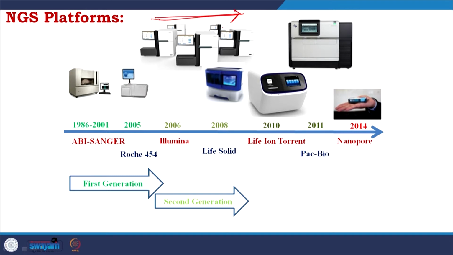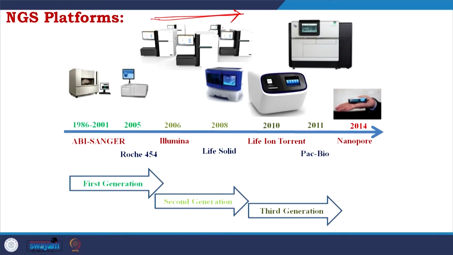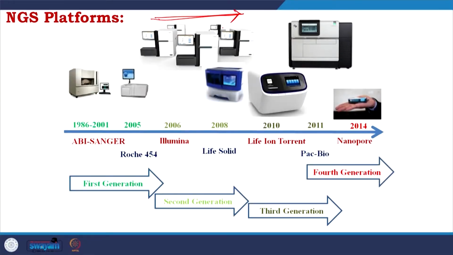They have developed a lot of systems, updated themselves when required, and they are still the owner of this market. Then third generation, Life Ion Torrent and PacBio, kind of between third generation and the next generation, where nanopore is used.